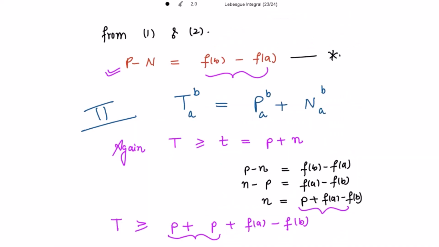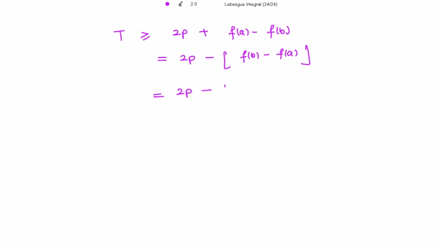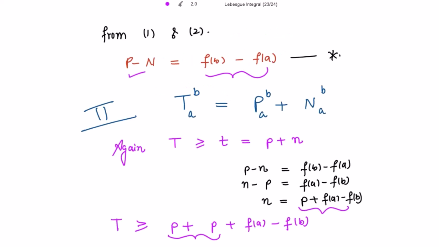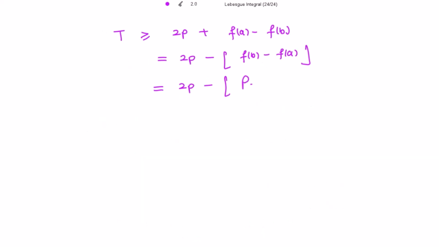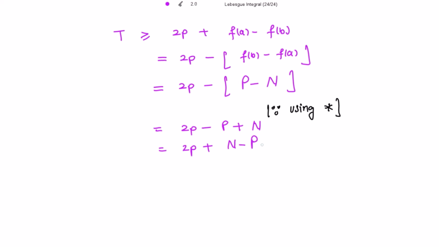So using star we get twice of P minus, f(b) minus f(a) is capital P minus capital N, right? Reason: using star, or the first result which has been proved. So further, this is equal to twice of p, opening the bracket, this is minus p plus n, or twice of p plus n minus p.